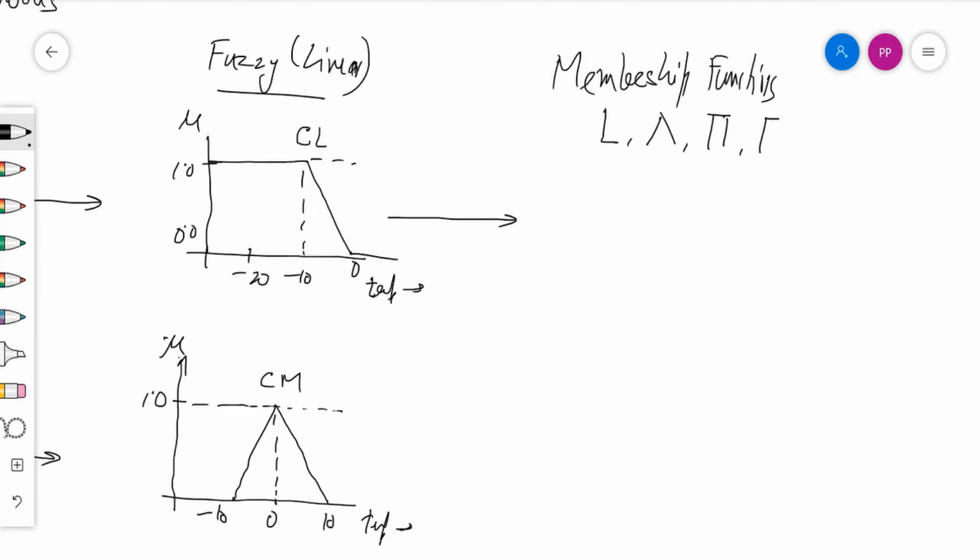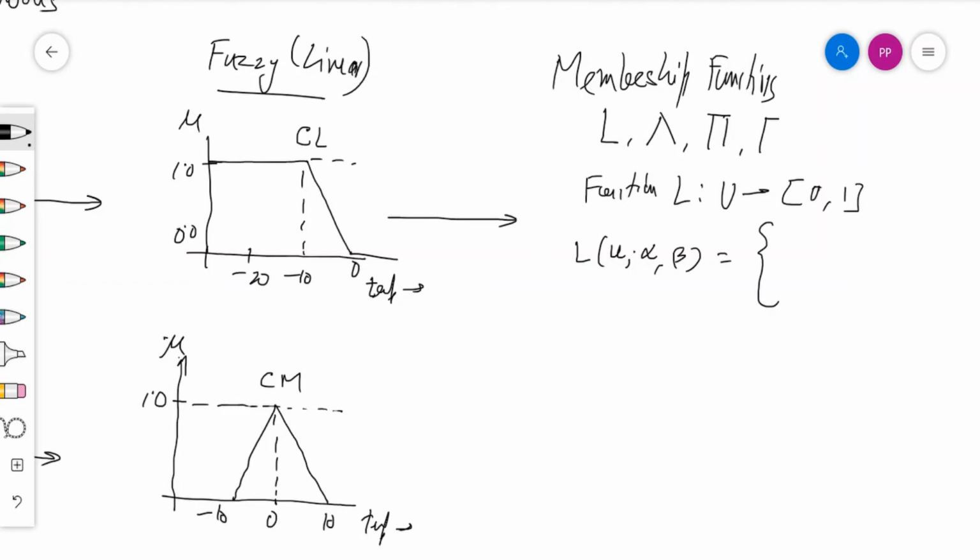The function capital L is mapped from the universe of discourse to the membership value normalized in the range of 0 to 1. Here the function L can be defined as a function of 3 parameters. First is your element of capital U, then 2 other parameters are alpha and beta. How can we utilize these values? Let us have a look at this.